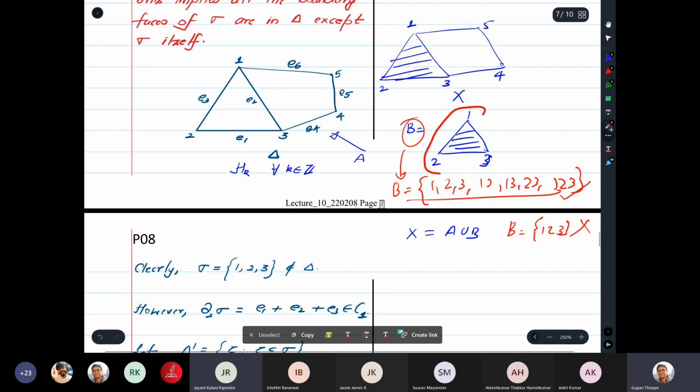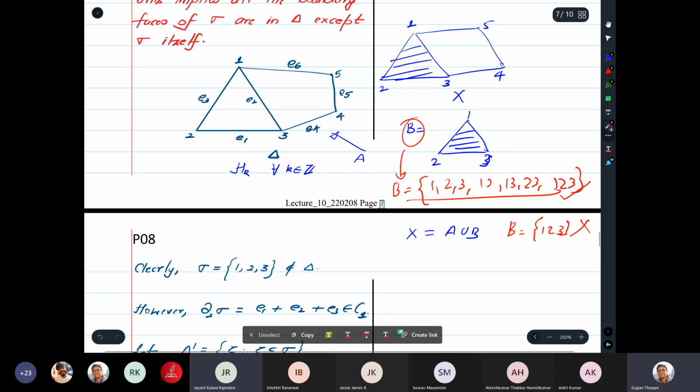And now you put in some effort to figure out what the homology spaces associated with B are, and the Mayer-Vietoris theorem will enable you to take these homology spaces and these homology spaces, combine them, and figure out what the homology spaces of X are.